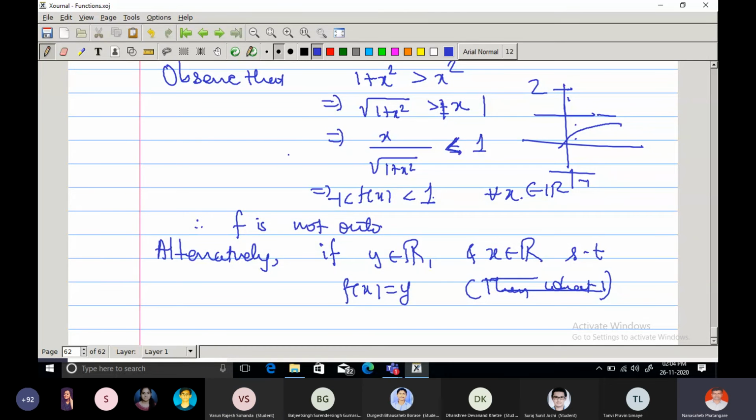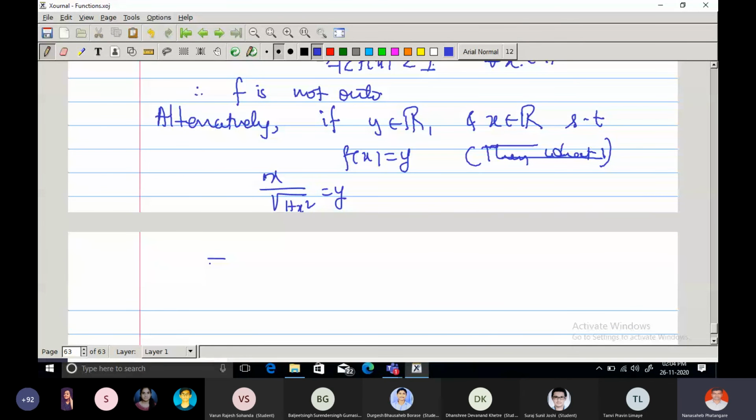x upon square root of 1 plus x square is equal to y. Right? Solve this for x. If you try to solve this for x, that means x square upon 1 plus x square is equal to y square. So x square is equal to y square plus x square y square, and we want to solve it for x.